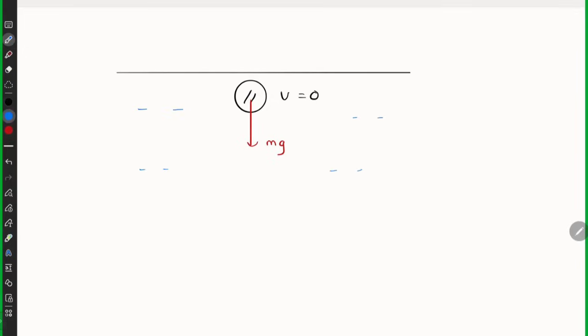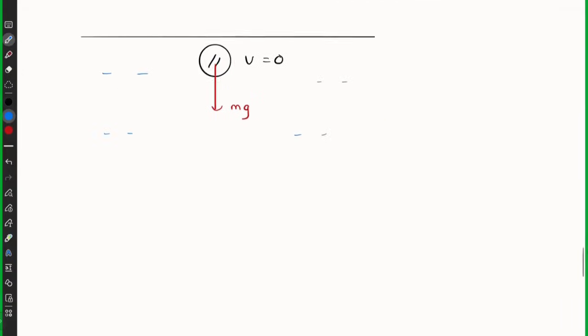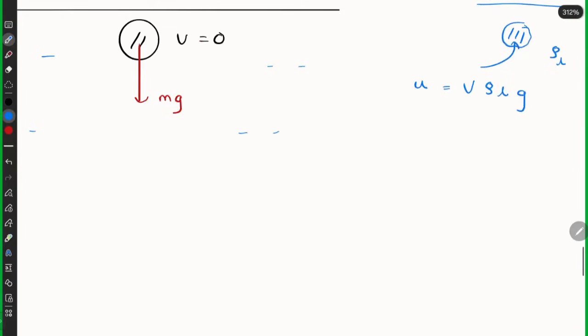And there's upthrust. Others know what upthrust is, right? So basically, when you have an object sunk in a fluid, the volume sunk multiplied by the density of the surrounding liquid, let's call it rho liquid, multiplied by gravity, gives you the upthrust.